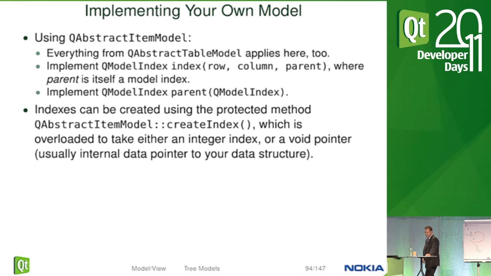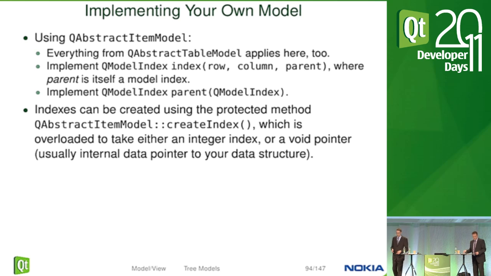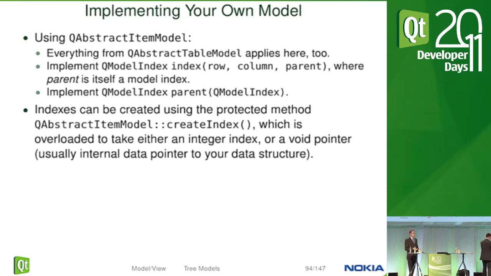Right, so we saw abstract list model and abstract table model before the break. Everything we've implemented there is also applicable to tree models, so we need row count, column count, data. But now we also have to actually look into the parent index argument we get there, because row count now, of course, is different for each hierarchy level we are looking at.